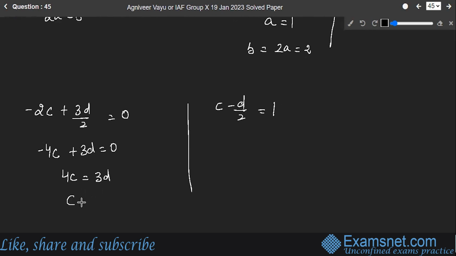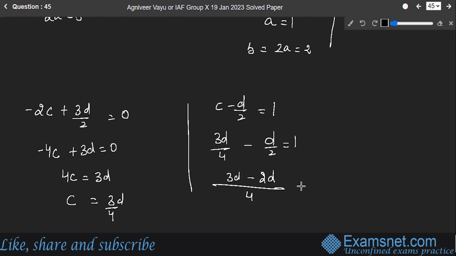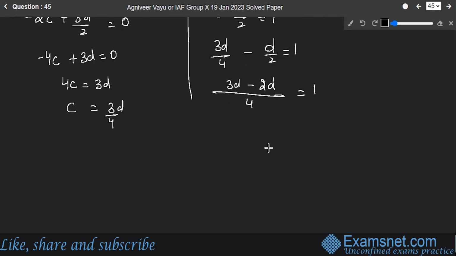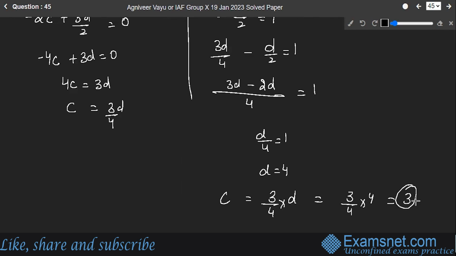And C can be written as 3D/4. So 3D/4 - D/2 is equal to 1. Over here, 4: so 3D - 2D is equal to 4, which gives D equal to 4. If D is equal to 4, then C's value will be 3.